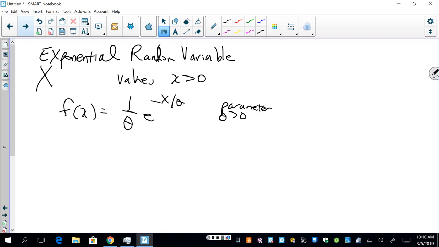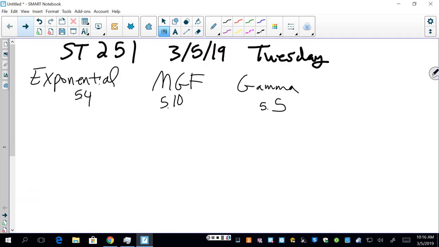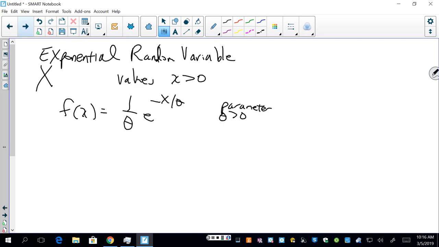And so in general, the density function, if you graph this thing, is f of x, generally a downward sloping curve, highest at x equals 0, and then going down after that. Sometimes it's used for survival, like how long does it take until something happens, right?